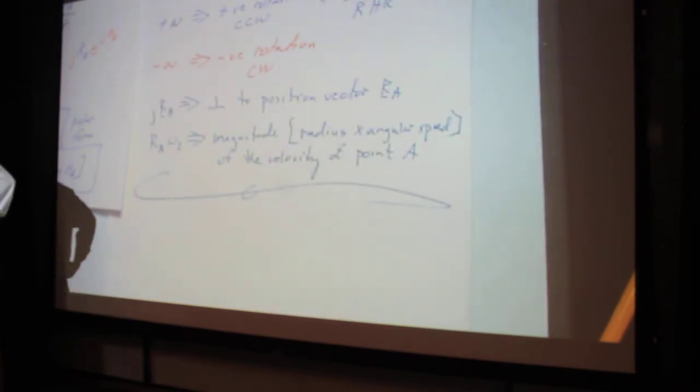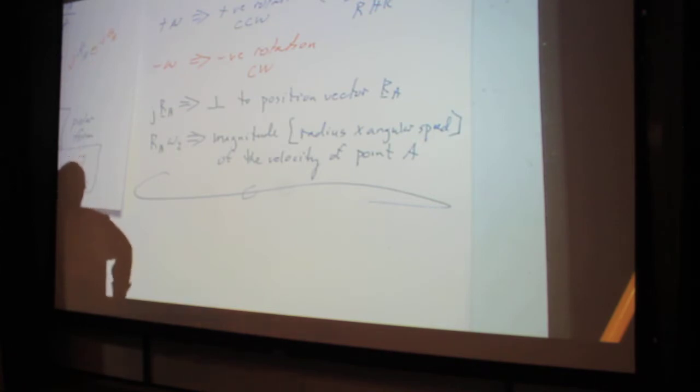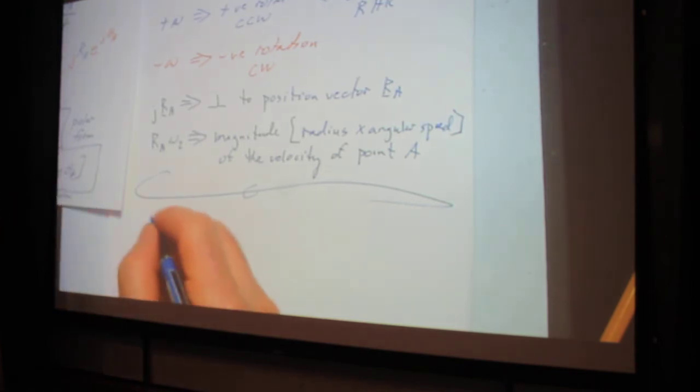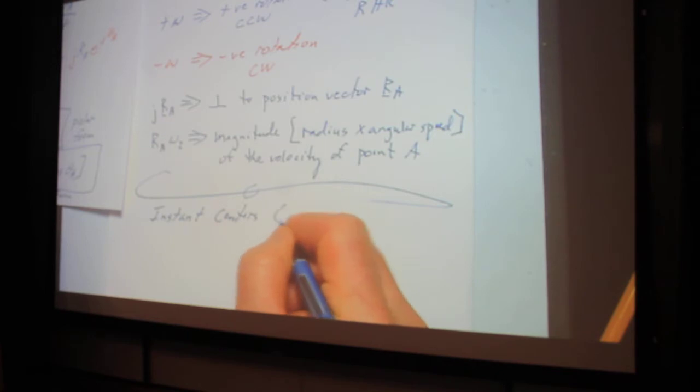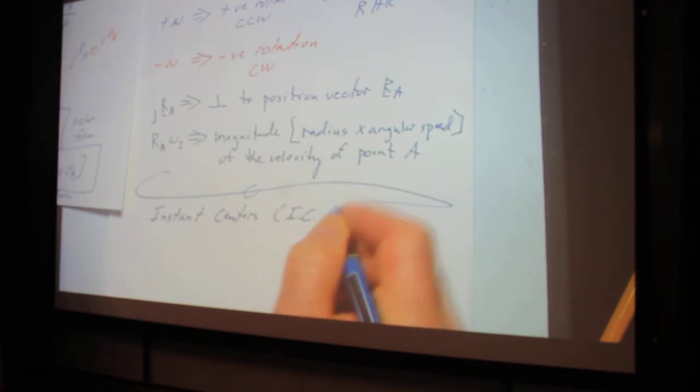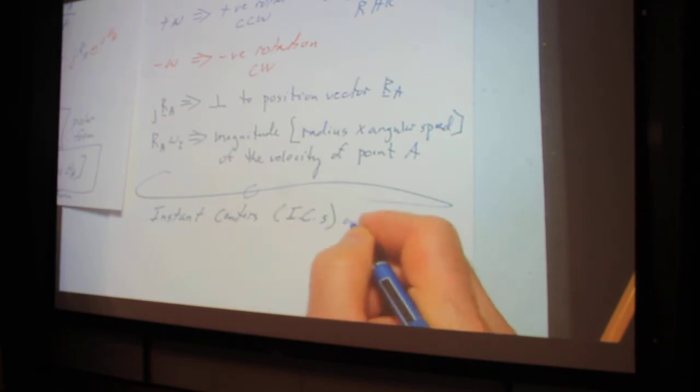Now we're going to look at how we can do this graphically, and I'm going to introduce this thing called instant centers, or I'll say ICs of rotation.